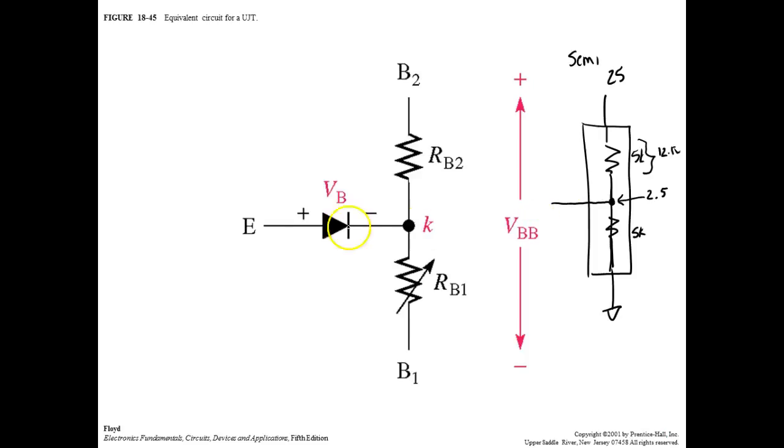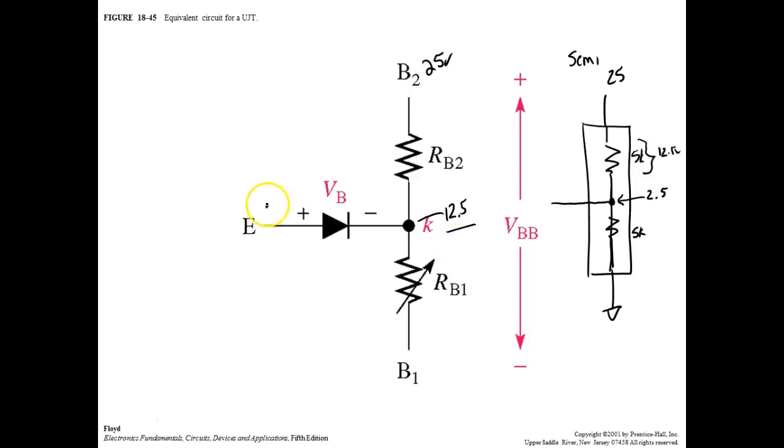So right now, I've got 25 volts right there. That means I have 12.5 volts sitting right there. What would be required on this emitter to forward bias that diode? I've got plus 25 over here.